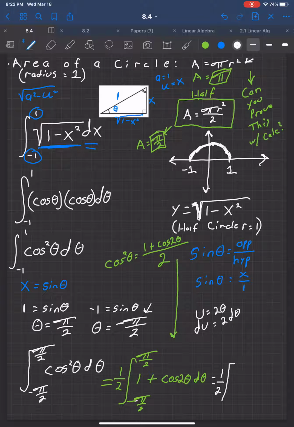I'm crammed in these little places. I keep almost making silly mistakes. Plus, ready? That would just be 1/2, because I have to multiply and divide by 2, 1/2 sine of 2 theta.